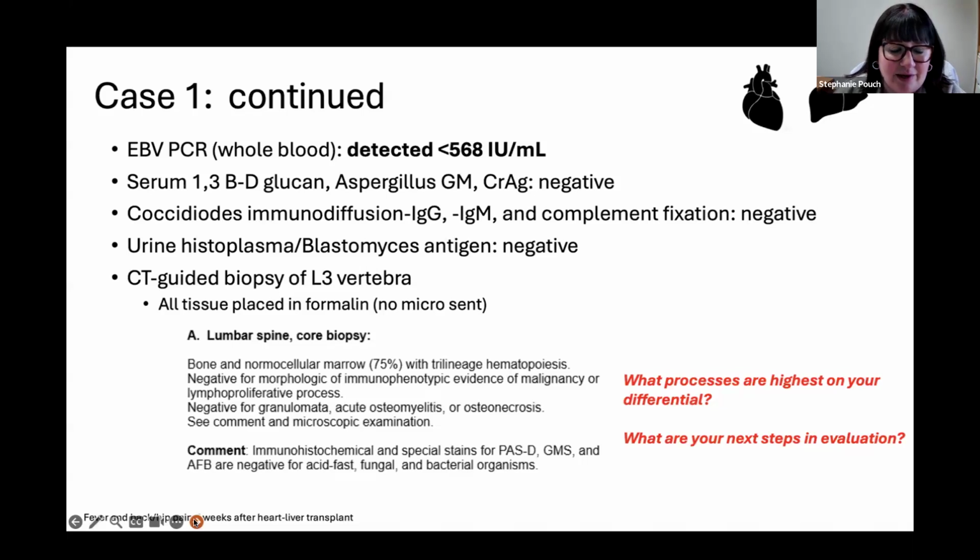But in these situations, I generally have not historically sent cell-free DNA, but I think that might be something to consider in this case as well, knowing that something is going on in this recipient of a donor with certain risk factors for TB and other infections, and we still have yet to find an answer.